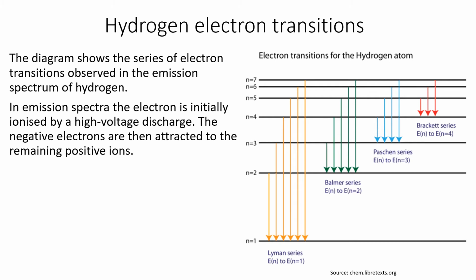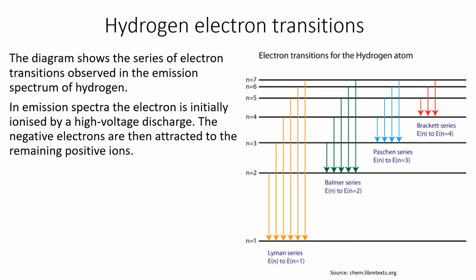And so essentially what we do, you might start off with hydrogen molecules, but in a high voltage discharge tube, the molecules will be broken down to atoms, and then they'll be ionized. And so the free electrons, then they'll return back to the nuclei.